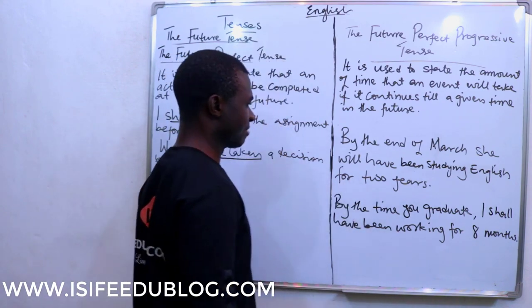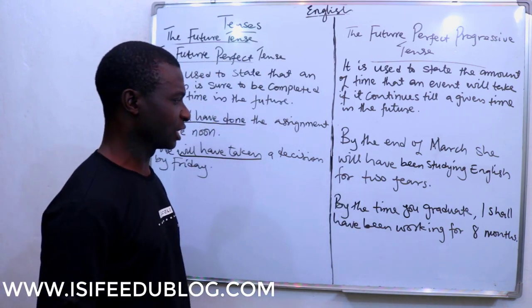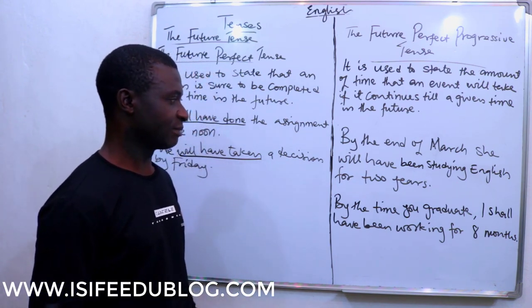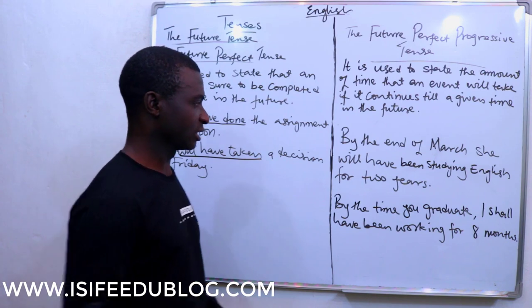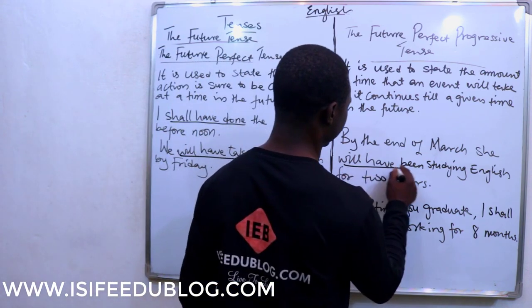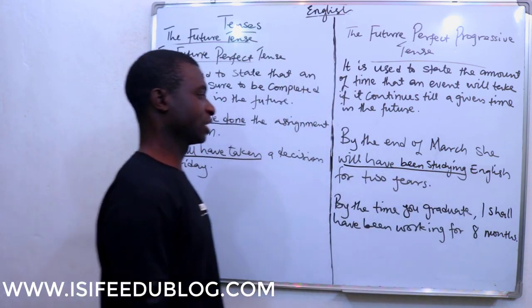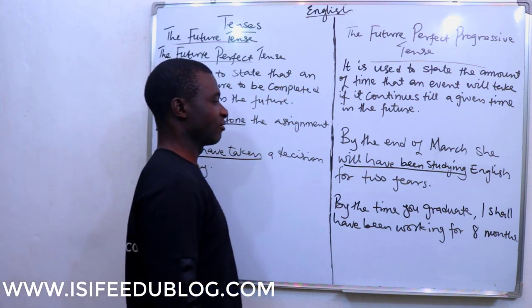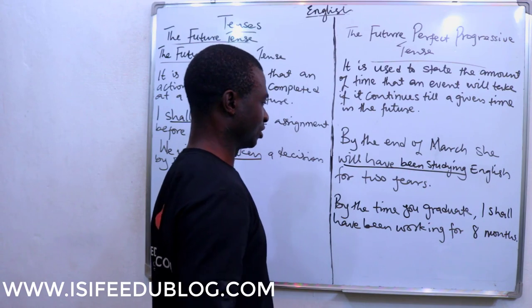By the end of March, she will have been studying English for 2 years. Alright? By the end of March, she will have been studying. Will, have, been, and studying. So here we have a case of 4 verbs in a row.